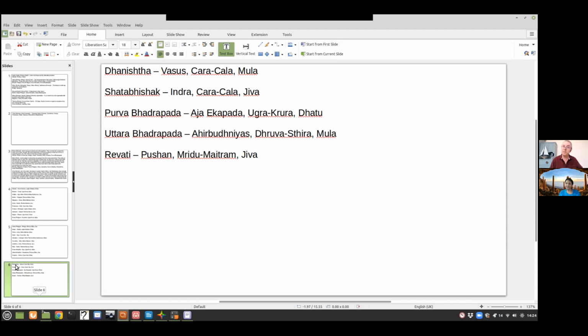They can be persistent and continue to try to convince or persuade, because Pushan is connected to the nurturing aspect of the sun. Pushan is one of the adityas, or the 12 deities that are the sun deified. And Pushan connects to the nourishing aspect of the sun.